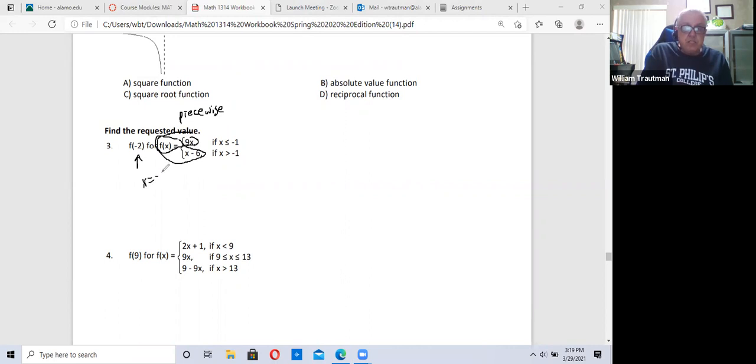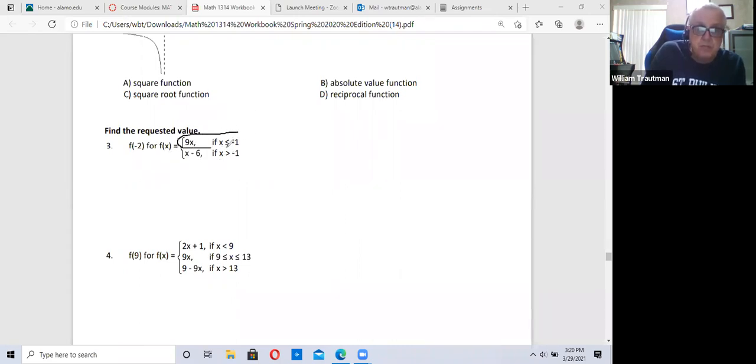Here, x equals -2. So which one does -2 fit in, the top or the bottom? -2 is less than -1, so it fits into the top.